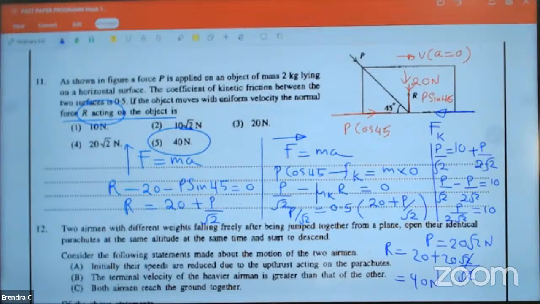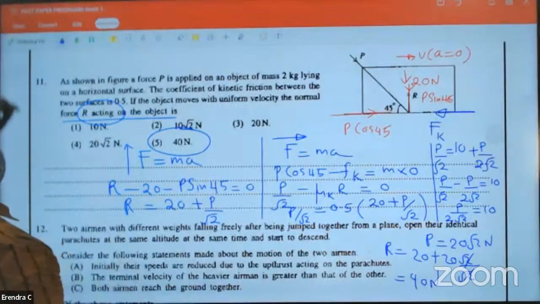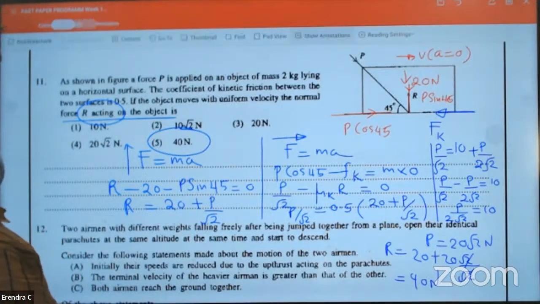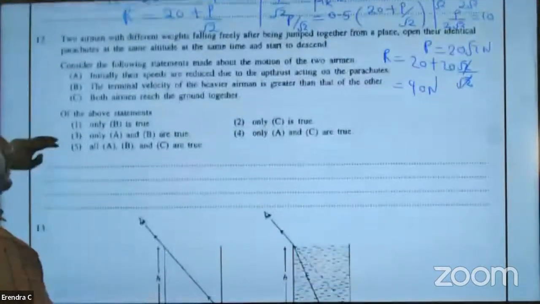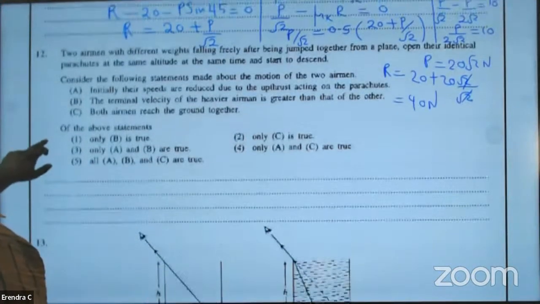Okay, no? I'll slowly move forward. Right. Statement question.